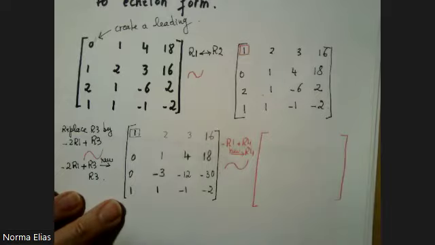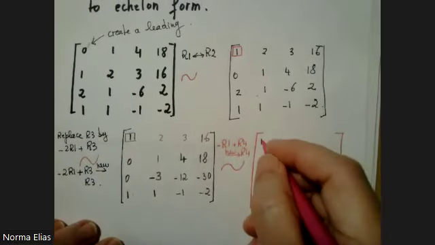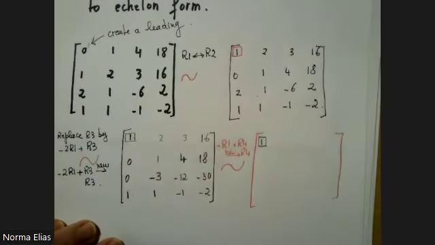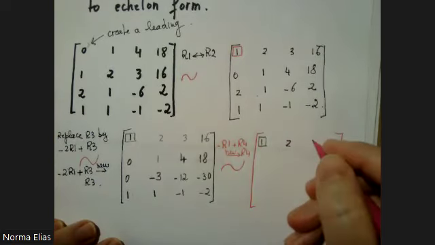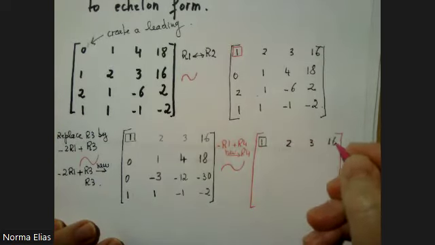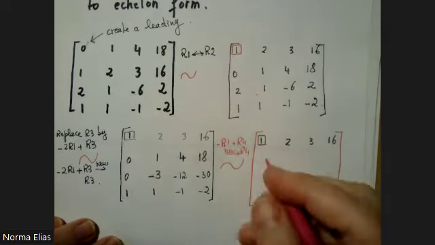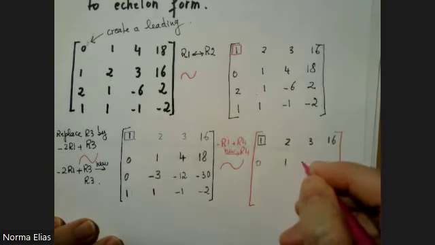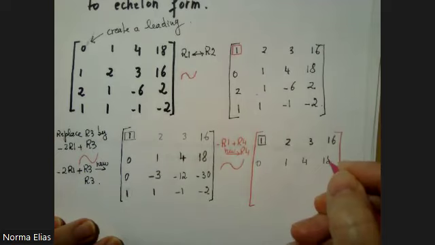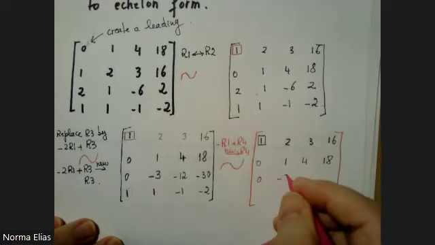Again, I go back to the pencil. So I'm not touching the first row. We're not touching this one. We're not touching that.